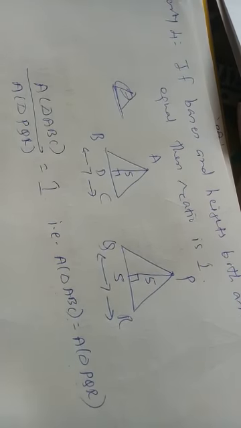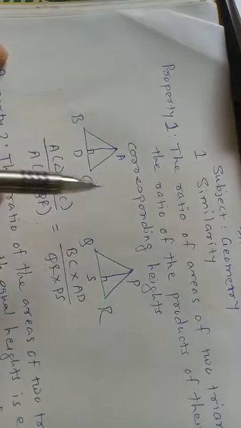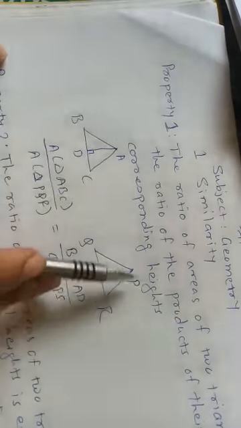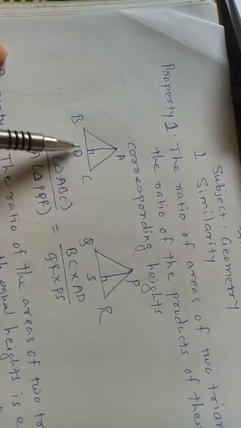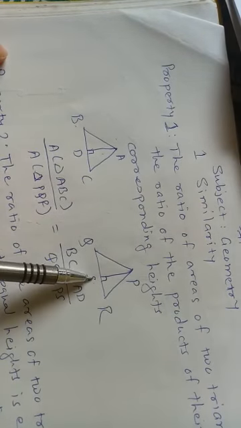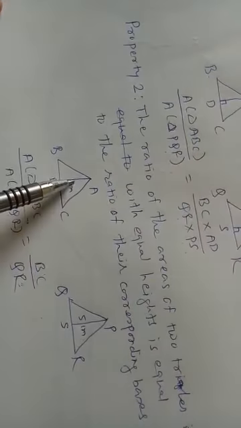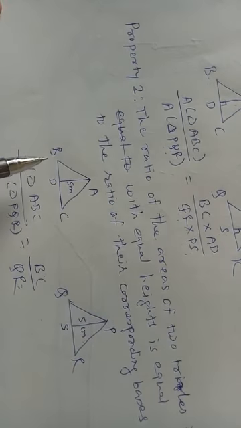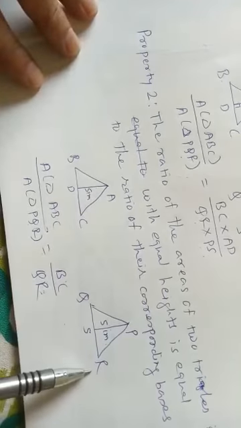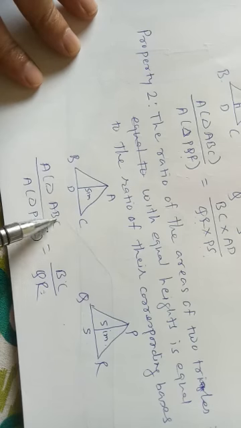We will revise all these four properties. Suppose we have area of triangle ABC and area of triangle PQR, both bases and heights are different. Then area of triangle ABC upon area of triangle PQR is equal to base into height, base into height. Suppose their heights are equal, 5 cm, 5 cm. Then we have to consider their bases while taking ratio of their areas, BC upon QR.